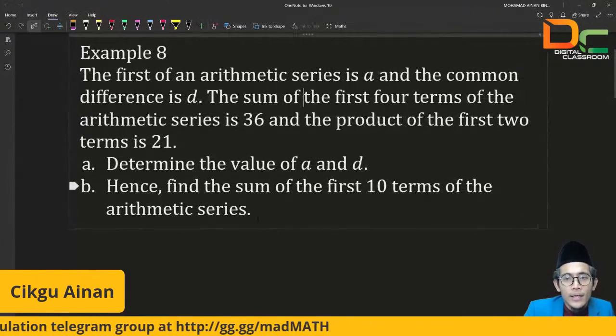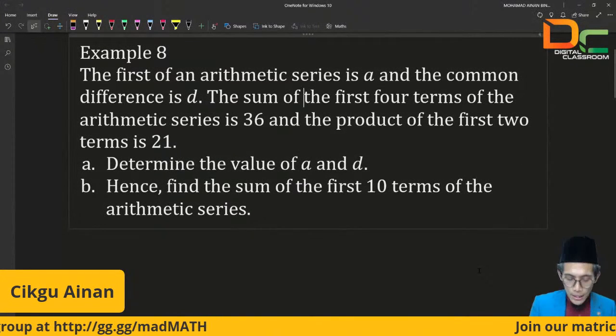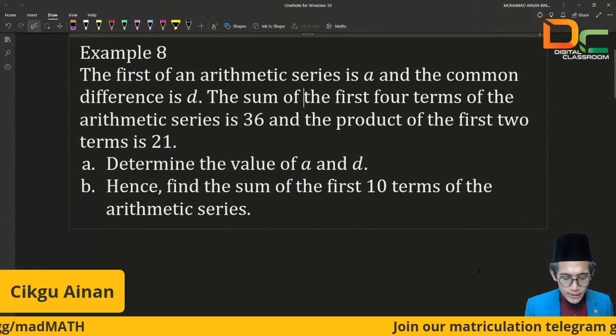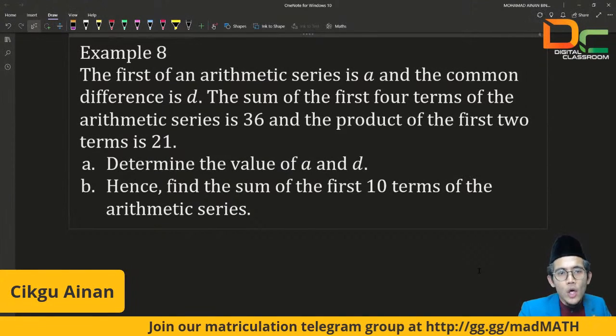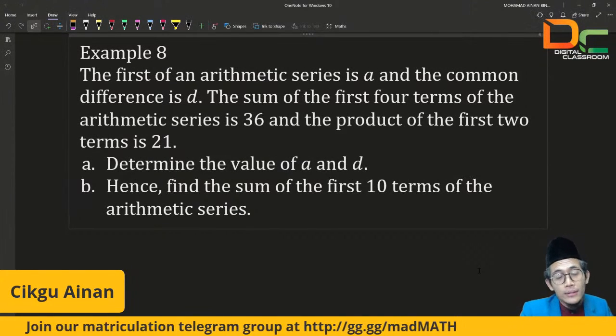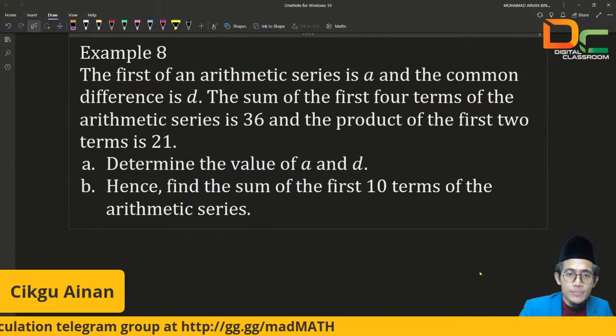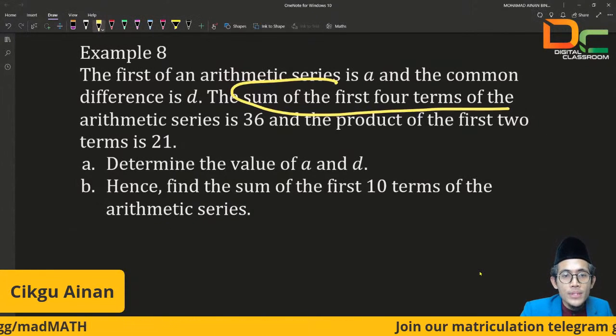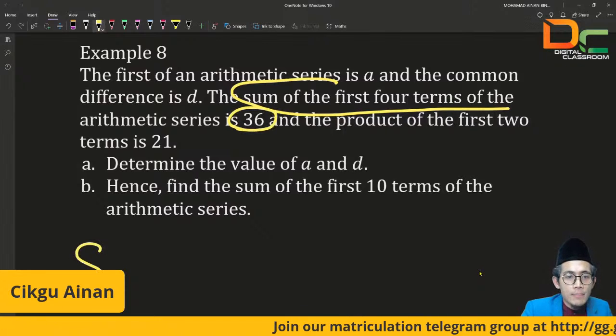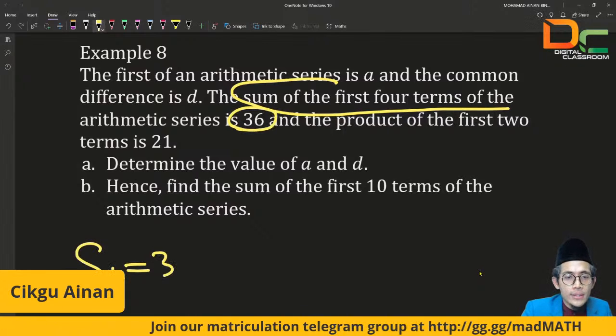Okay, that's better. Okay, now number 8: the first term of an arithmetic series is A and the common difference is D. Macam biasalah. The sum of the first 4 terms is 36.